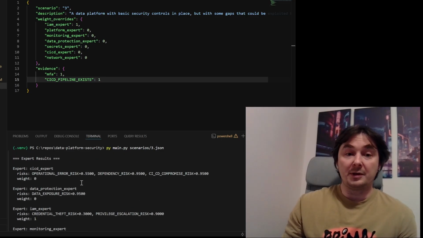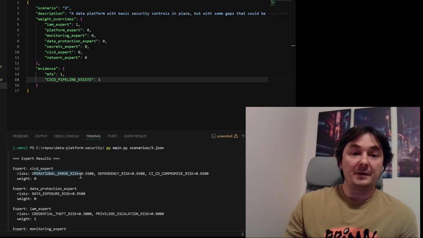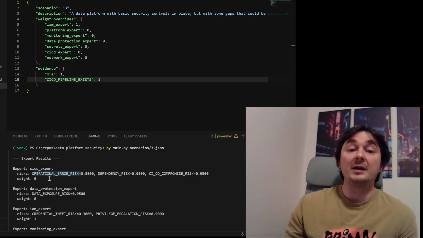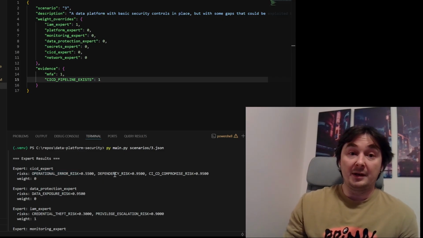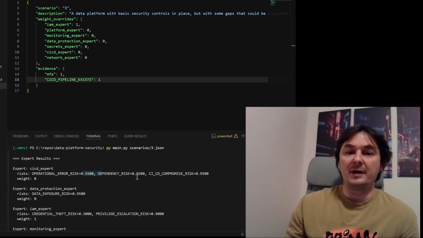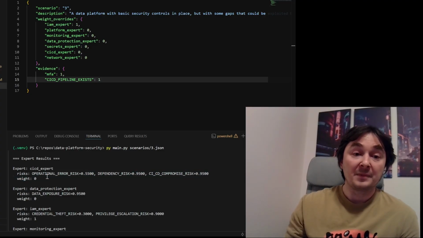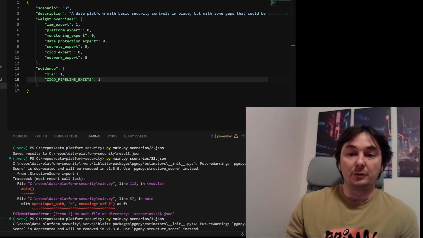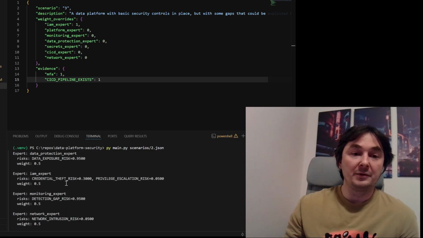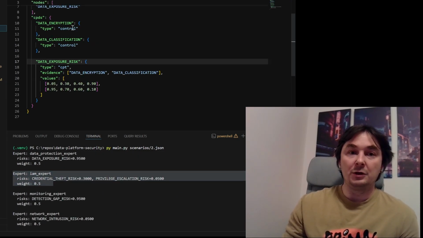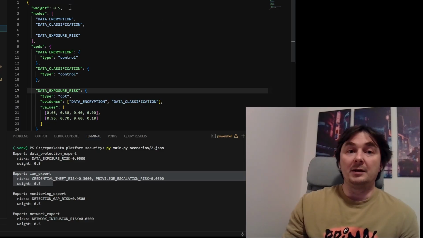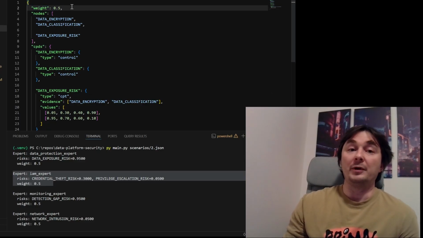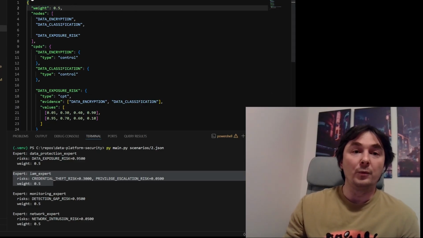And the interesting bit is that here we have CI/CD risks being estimated as 55, 95, 95, but the weight of it is 0. And if we scroll up, we will see that by default, in each of the experts, the default weight is 0.5, so they are all equally weighted.